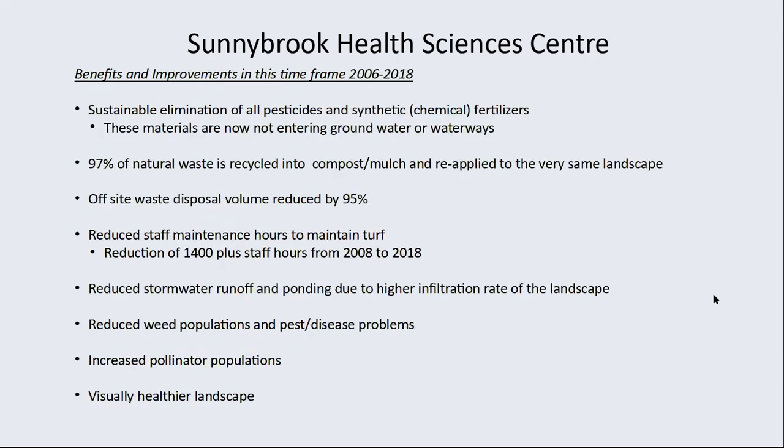Ended up giving them a lot of financial benefits, reduction in mowing hours because the grass actually slowed down in its growth, better root system, reduced stormwater runoff, reduced weed populations and pest problems, increased pollinators, and visually a far healthier landscape.